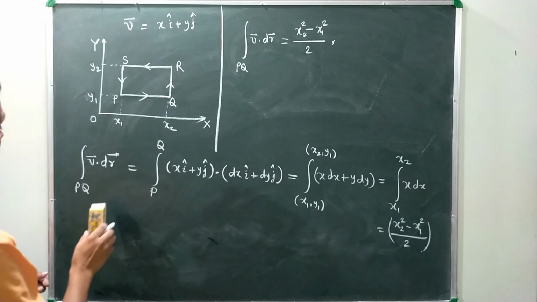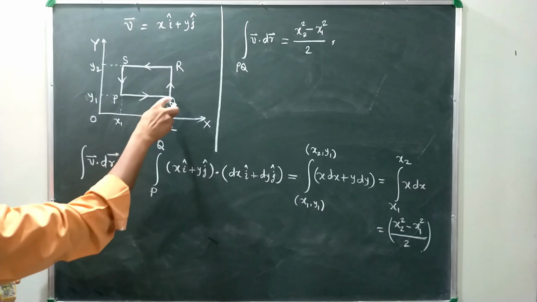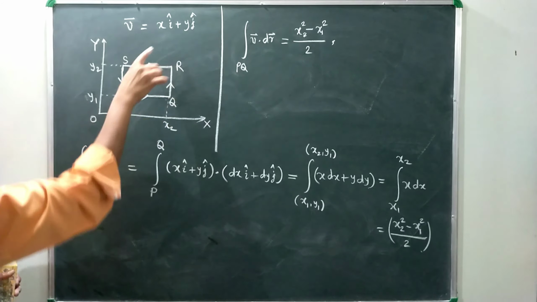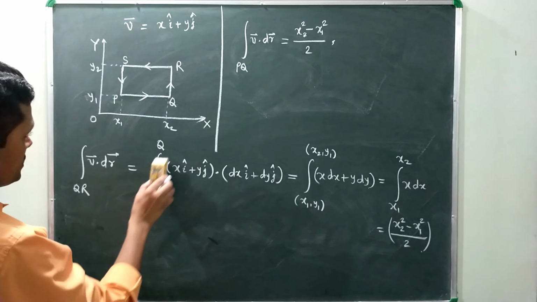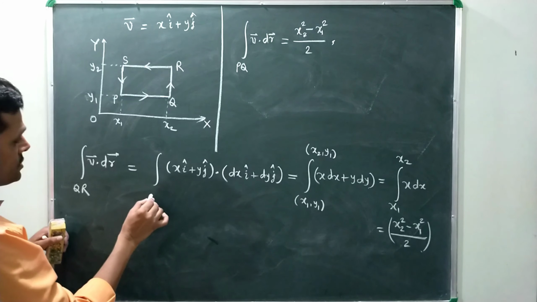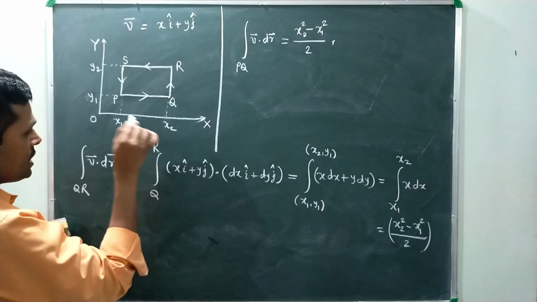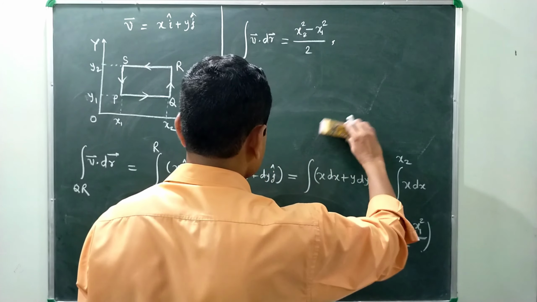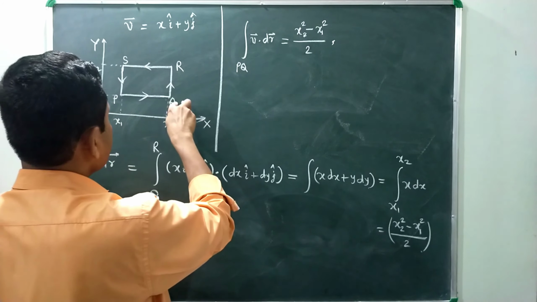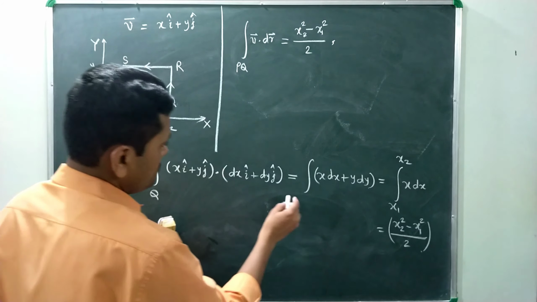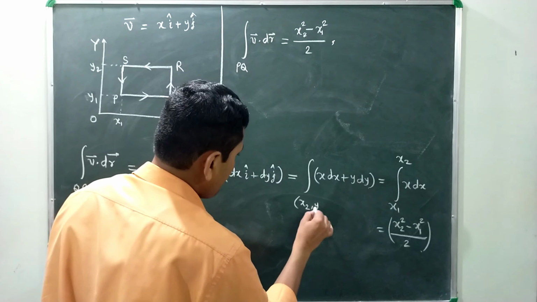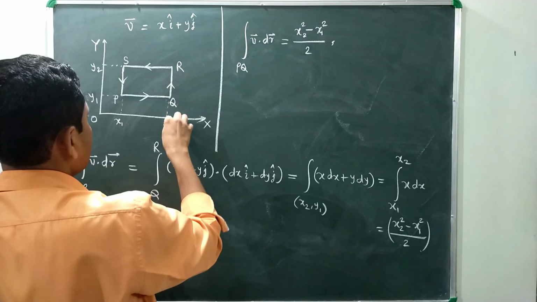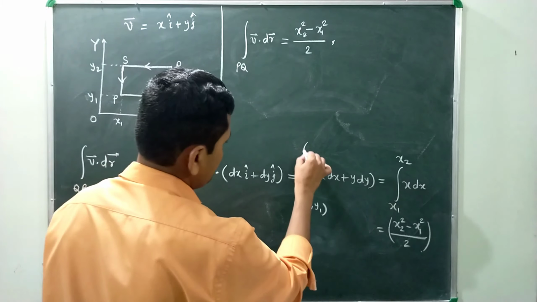Now let us try to evaluate the second integral. Second integral means the integral along QR. So here the integral is from Q to R, and the point Q is (x2, y1), and the point R is (x2, y2).